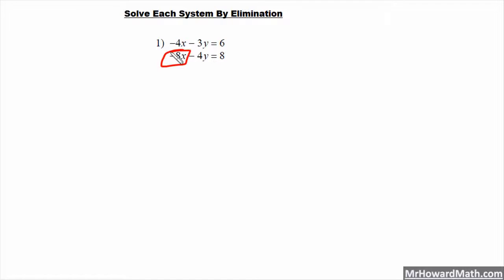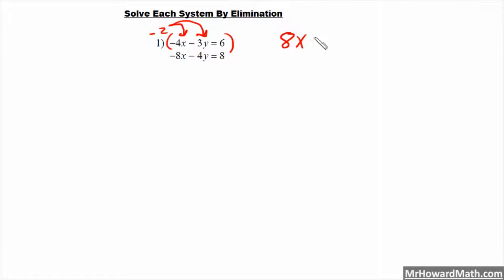So if I have a negative 8x here, I need a positive 8x right there so that they will eliminate. So I'm going to multiply this whole top equation by a negative 2. If I do that, that will give me a positive 8x right here. I'm just distributing a negative 2 in here.